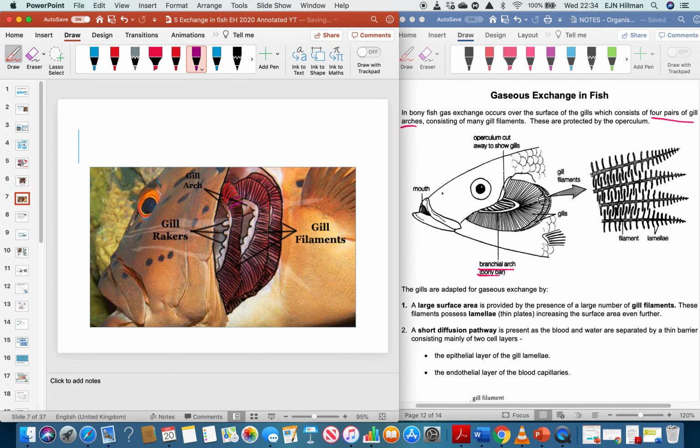Okay, shown here, these black lines. These are the gill filaments. And we can see there are many gill filaments. Again, that increases the surface area. But again, that's not enough.